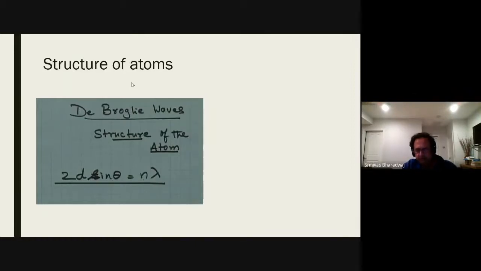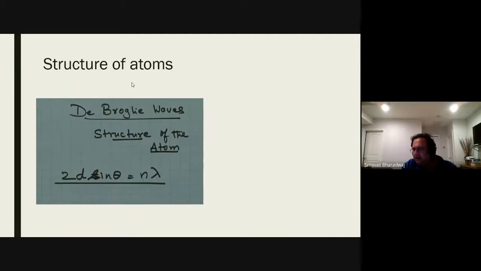We will again look at it in the next class when we also look at the photoelectric effect. Now, wave particle duality was first explained by Louis Victor de Broglie.